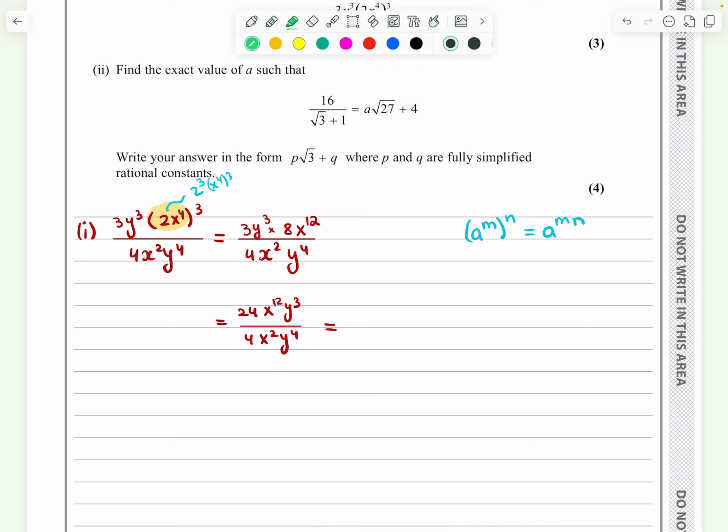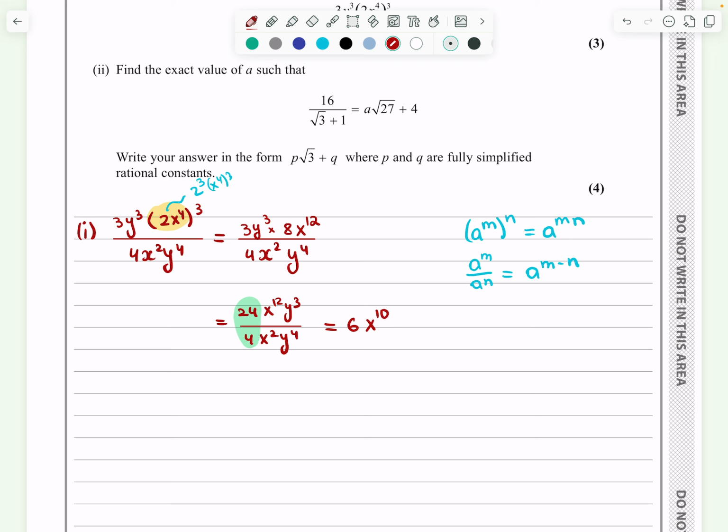I'm going to divide 24 by 4, which is 6. And x to the power of 12 divided by x squared uses an index law again: a to the power of m divided by a to the power of n is a to the power of m minus n. So the same rule gives x to the power of 10, 12 minus 2.